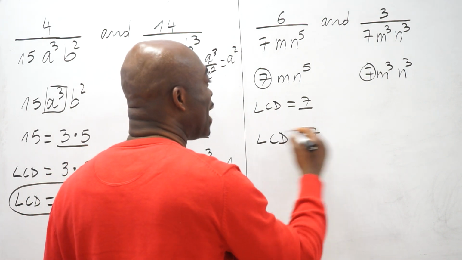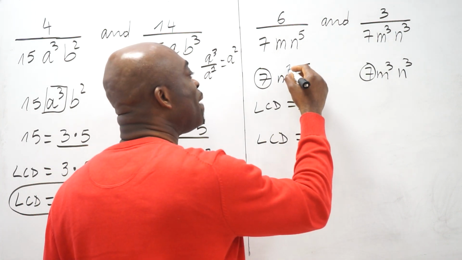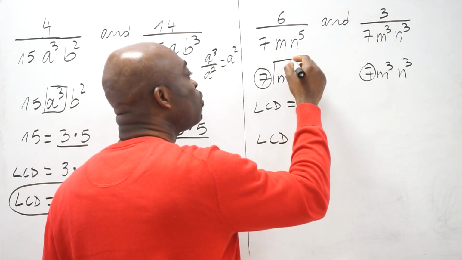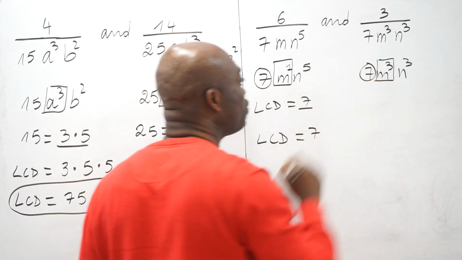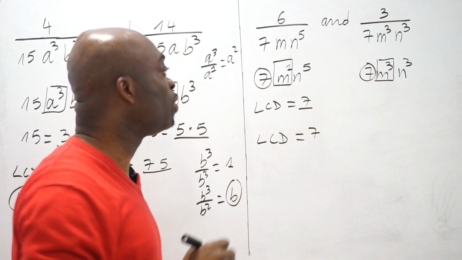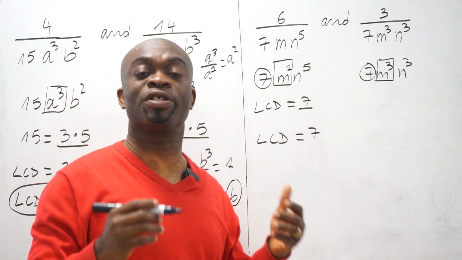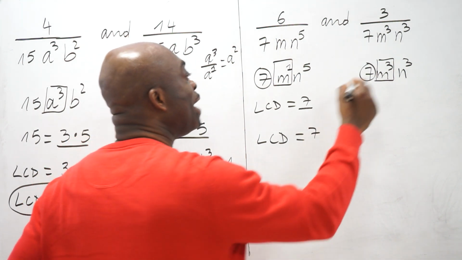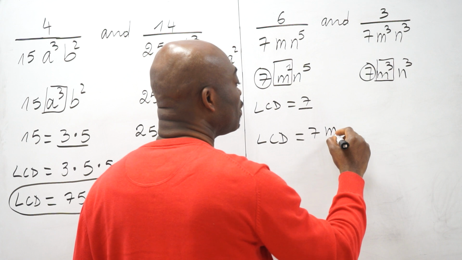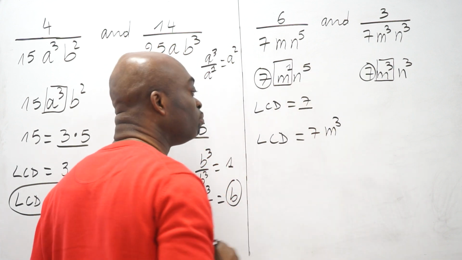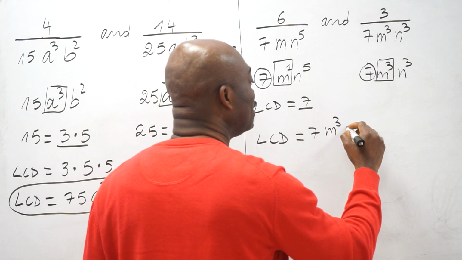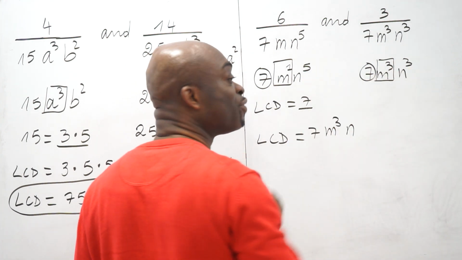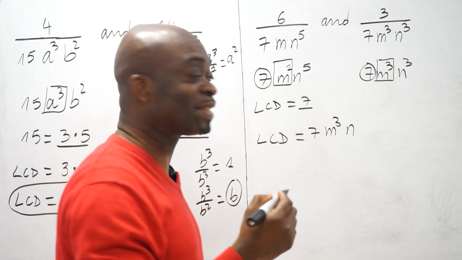When it comes to m, we have m^1 and m^3. Whichever is higher is our lowest common denominator, so m^3. Then for n, we have n^5 and n^3, and n^5 is higher, so that's the one we pick.